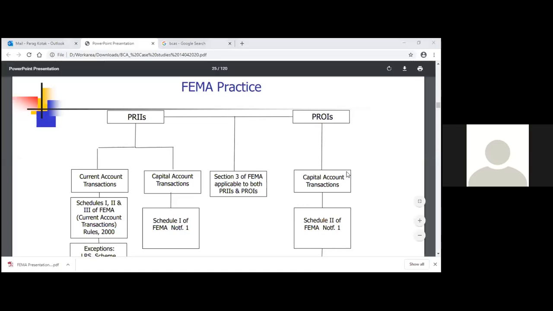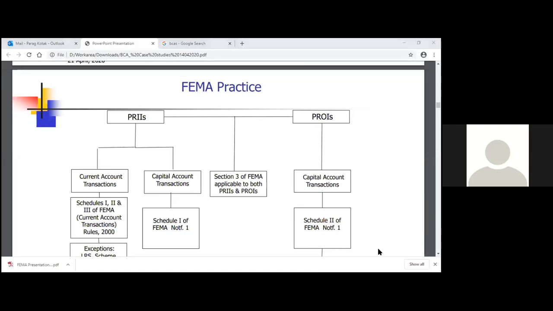And capital account transactions are such whereby assets of the residents are altered outside India, as well as liabilities of the residents are altered outside India, or the assets and liabilities, including contingent liabilities, of non-residents are altered in India. So if such an alteration of the assets or liabilities takes place, then it is called a capital account transaction. And if such changes do not take place, then they are called current account transactions.